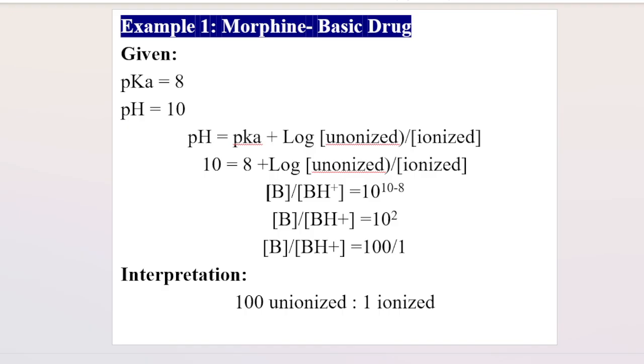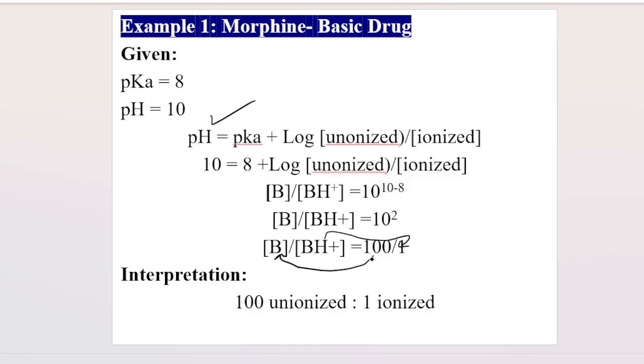Applying the equation for a weak basic drug, pH equals pKa plus log of unionized over ionized, so 10 minus 8 is 2, and by taking the anti-log it will be equal to 100 divided by 1. So the unionized form is 100 molecules and the ionized form is 1 molecule.